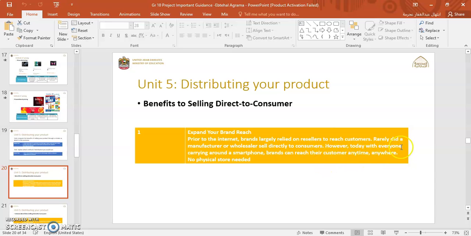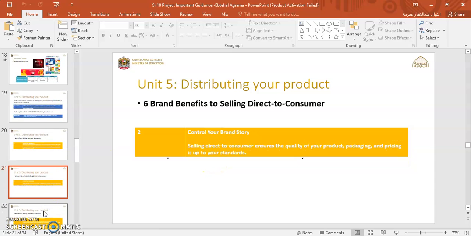However, today with everyone carrying around a smartphone, brands can reach their customer anytime, anywhere. No physical store needed. Another benefit can be control your brand story. If you choose to selling direct to consumer, or selling direct to customer.